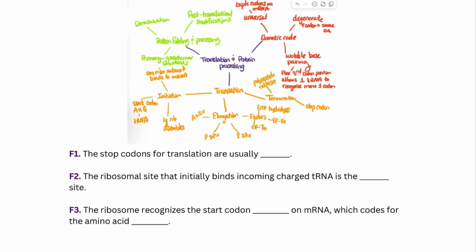Number 2: the ribosomal site that initially binds incoming charged tRNA is the blank site. Number 3: the ribosome recognizes the start codon blank on messenger RNA, which codes for the amino acid blank.